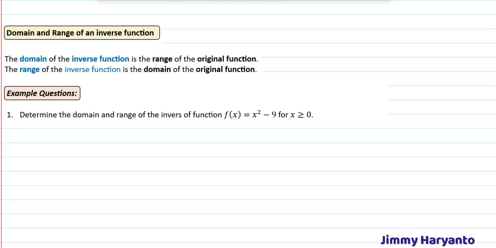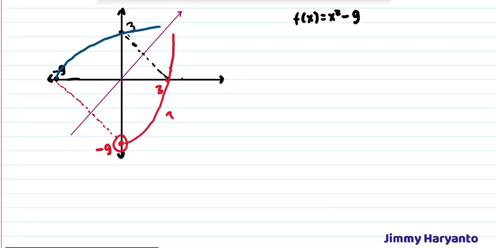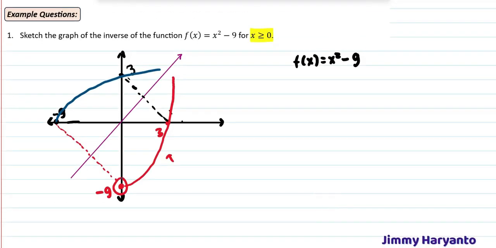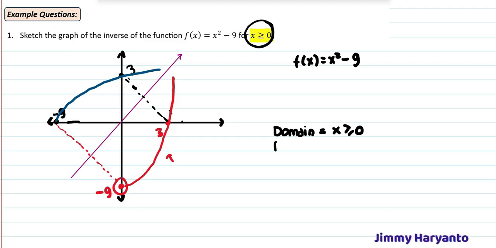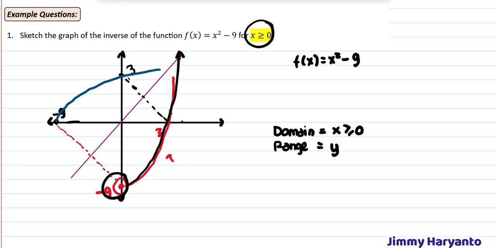I will take the example of the previous questions. So in these questions we can see that the domain is x greater than or equal to 0, already given in the questions, and then the range is y, the lowest point is -9, and the curve goes up continuously.